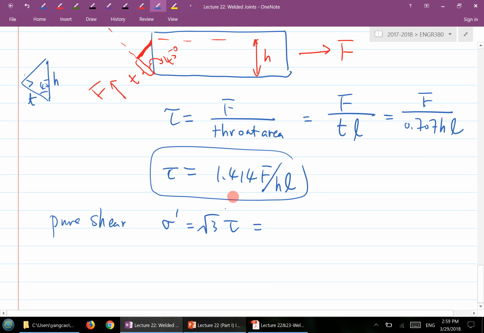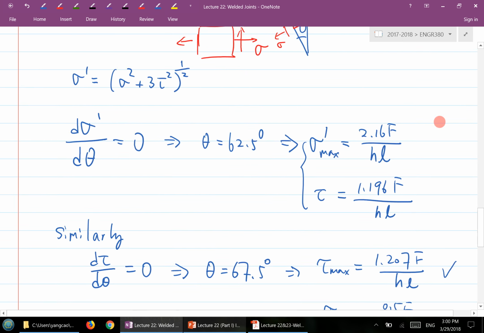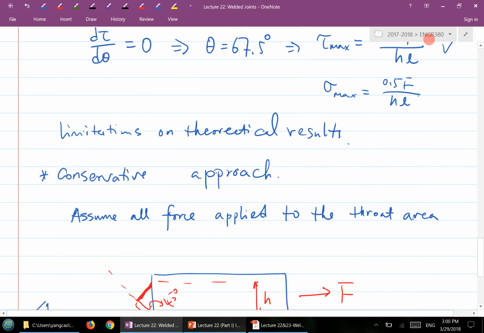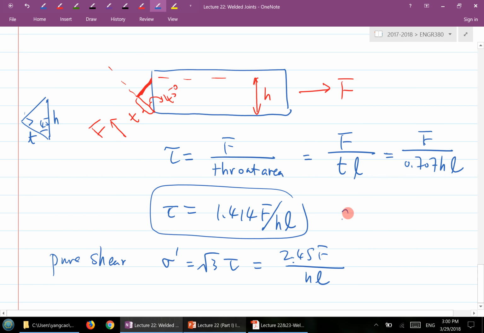That gives √3 times this, which is 2.45 F over HL. If I compare this with the maximum von Mises stress, that's also bigger. So this is why it is conservative. This is the conservative model, and that's what we're going to use for our future calculations in the stress system.